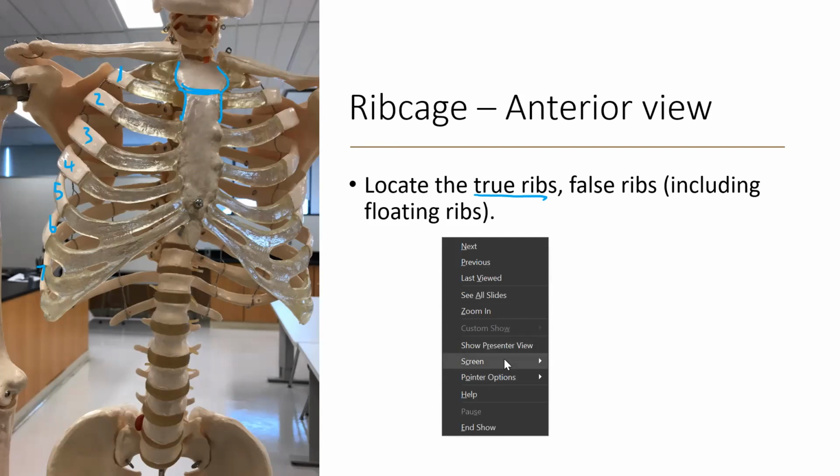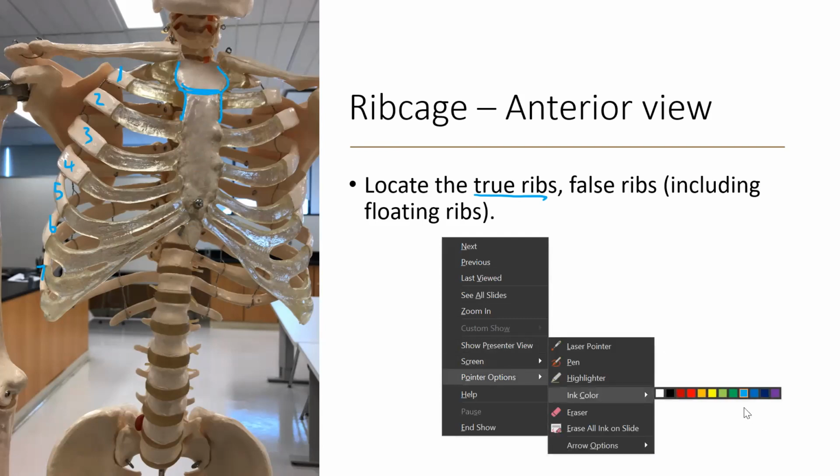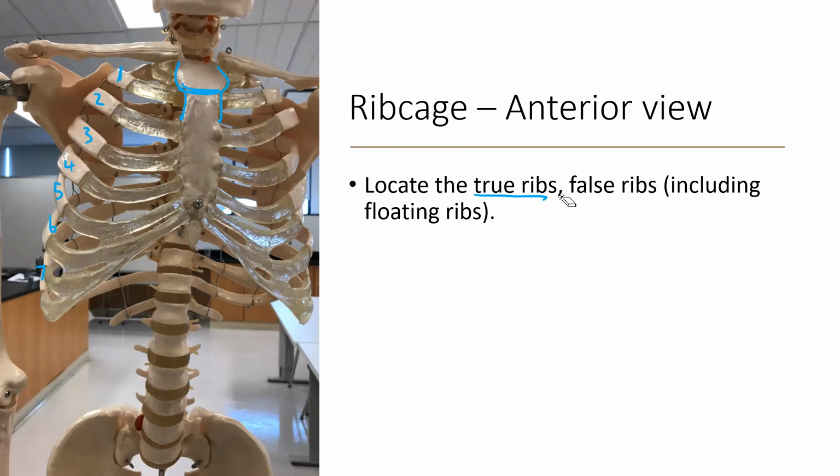And then the false ribs. False ribs will be the rest, 8 to 12. I don't know if it's possible to see from this one, but that would be 12, 11. There is number 10, and 9 would be on top of it.